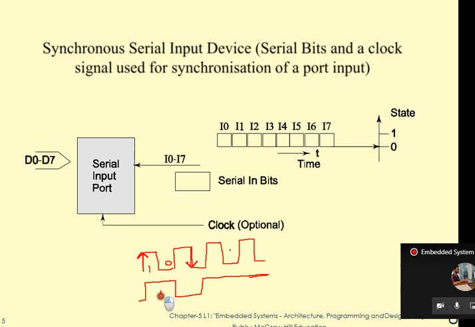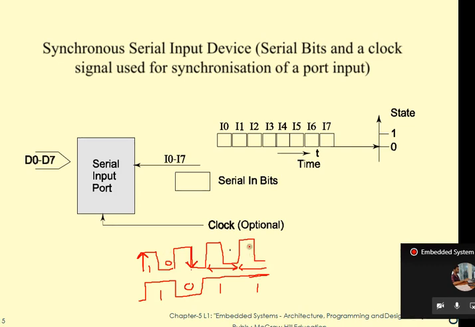I am sending the 1 bit, and in the second clock pulse I am sending another bit, that is 0, and from here to here it is the third clock pulse. From here to here it is the third clock pulse. At that time I am sending the 1, as well as for the fourth clock pulse also I am sending the 1. So I am sending the bits 1011, 4 bits, for an example using 4 clock pulses.